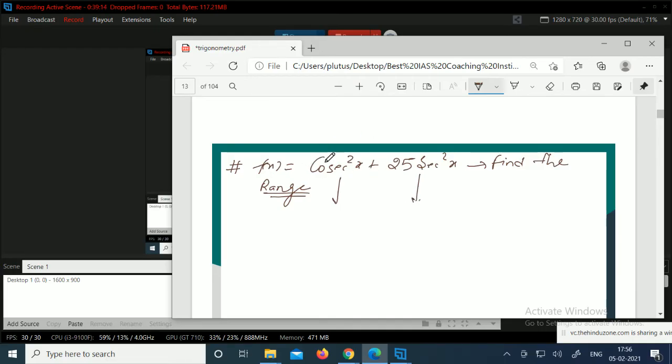How can we arrange this? I can write cosec square x equal to 1 plus cot square x, isn't it? And sec square x equal to 1 plus tan square x.